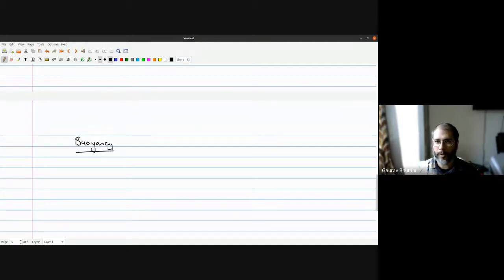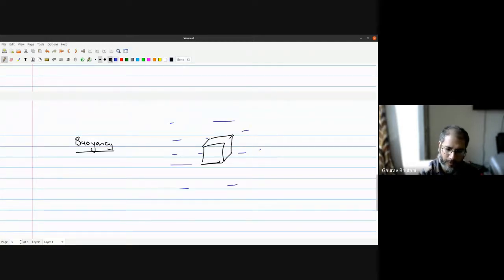So if you take a wooden block and you submerge it in a liquid, then there's a force of buoyancy that acts on the wooden block, and this force is equal to m liquid times g.